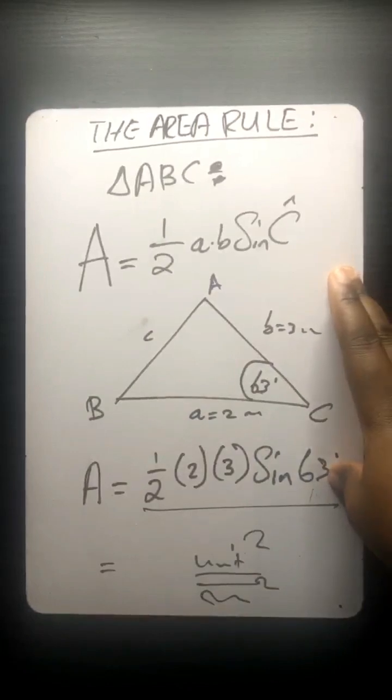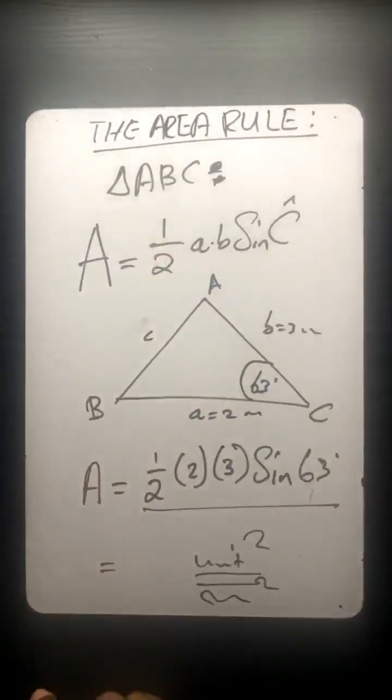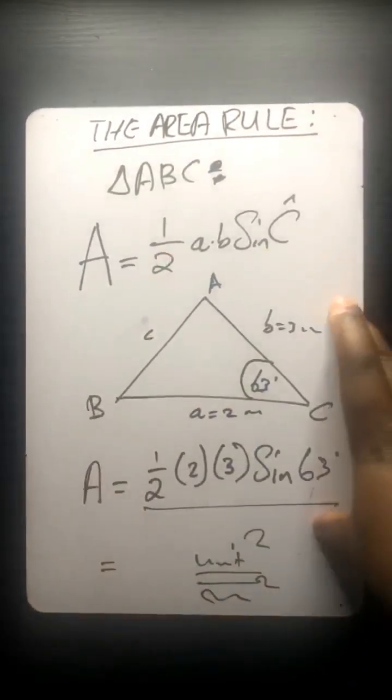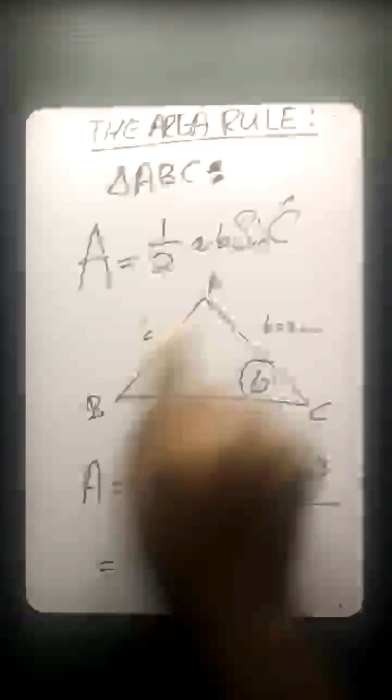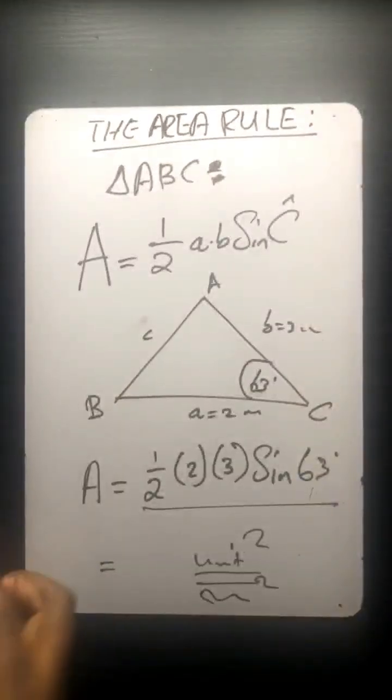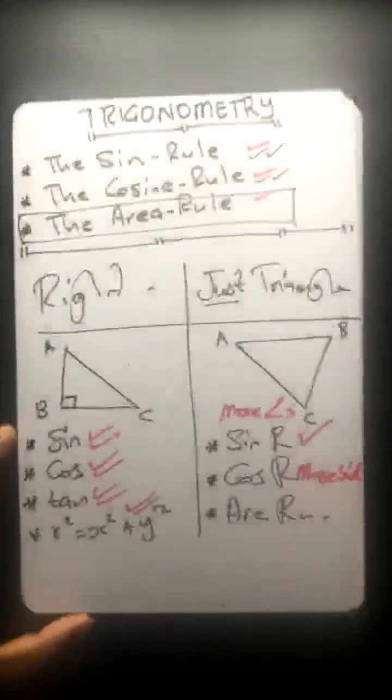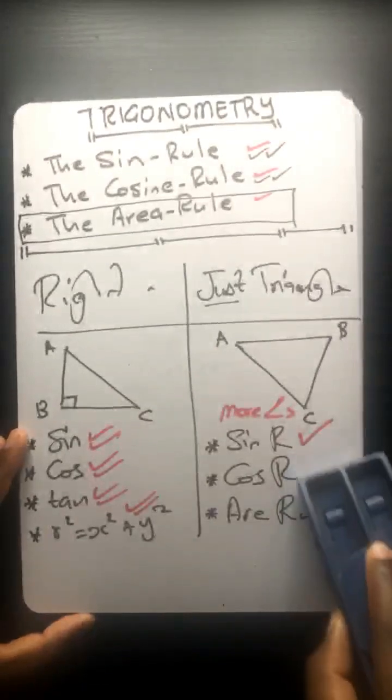Then on our next lesson, we'll make sure that we do as many questions related to the area rule and see if what I've just explained is applicable to any type of triangle which is not a right-angled triangle.